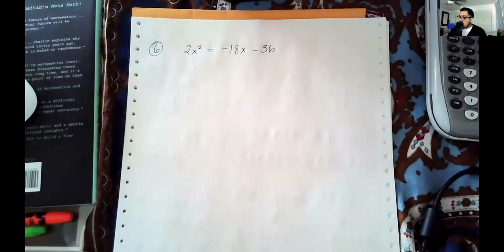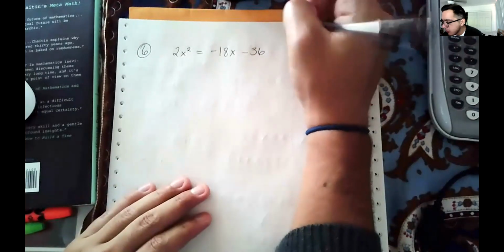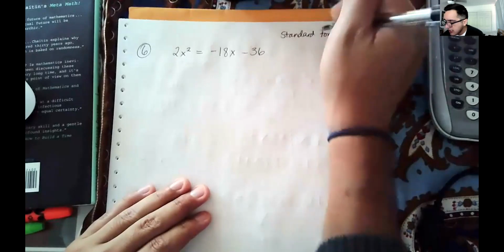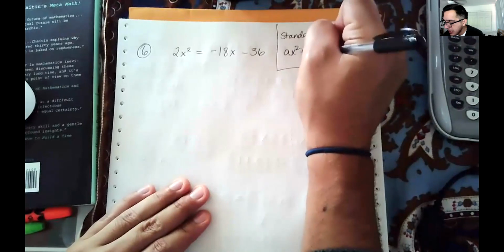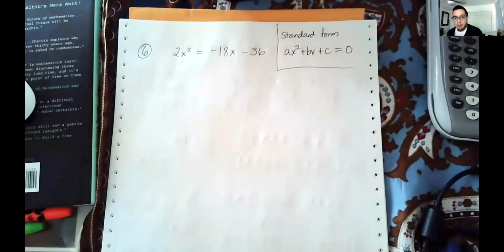To move over the negative 18x and -36 to the other side, and then go to 0. Exactly. So when you're solving a quadratic equation, you want to have this in standard form. Standard form is just the form ax squared plus bx plus c is equal to 0. So you want to have this thing set equal to 0.